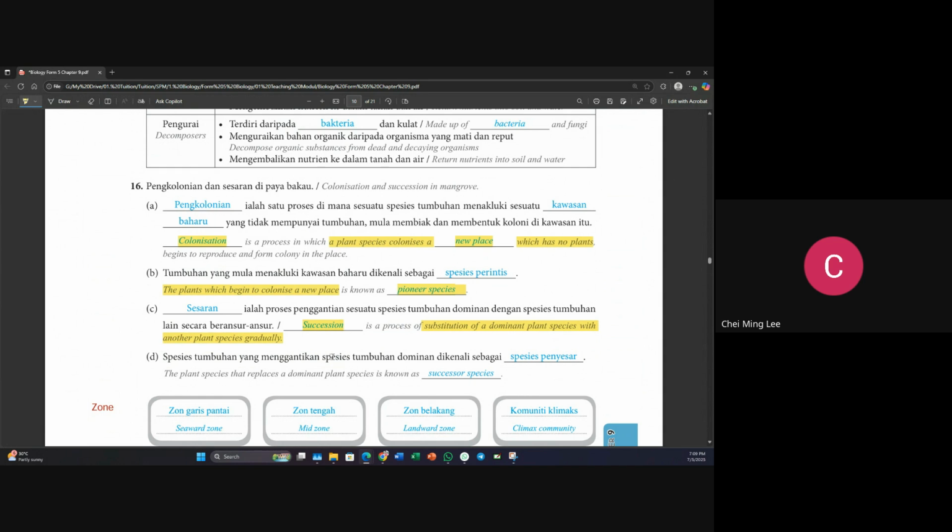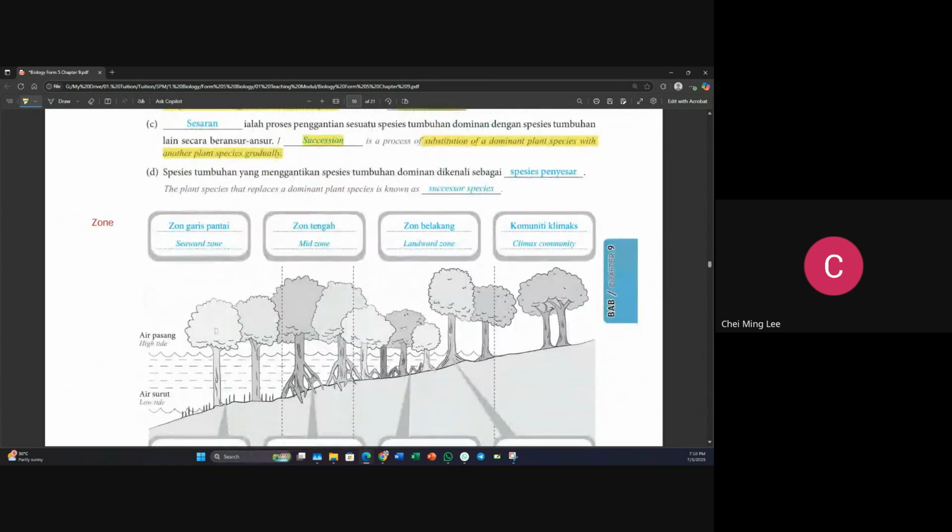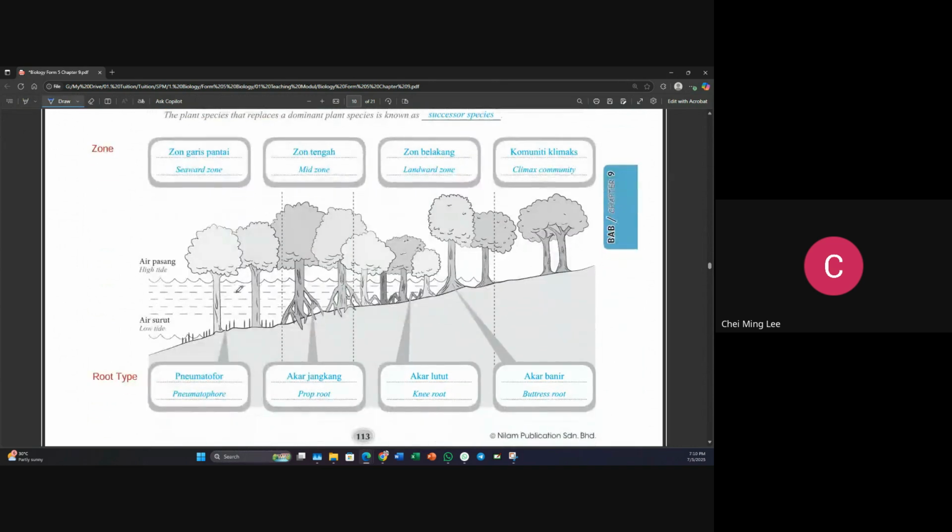Okay, now the second one comes in, correct? So now the seaside goes further out to the sea, because the pioneer has already been successful. So now there is a new area. At first this one is a pioneer species, correct? Then after that it grabs until it becomes a mid zone.